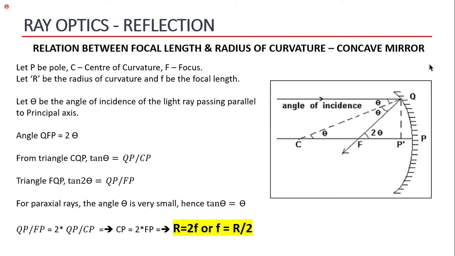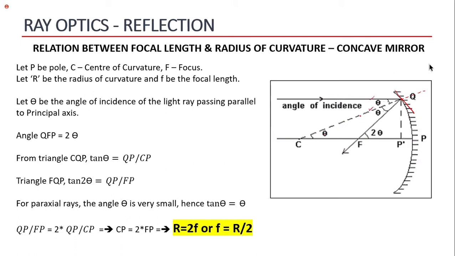Now at this point, if I take a tangent and if I take a normal, according to the law of reflection, angle of incidence is equal to angle of reflection. So if this is theta, this becomes theta, isn't it? Interior angles are parallel.